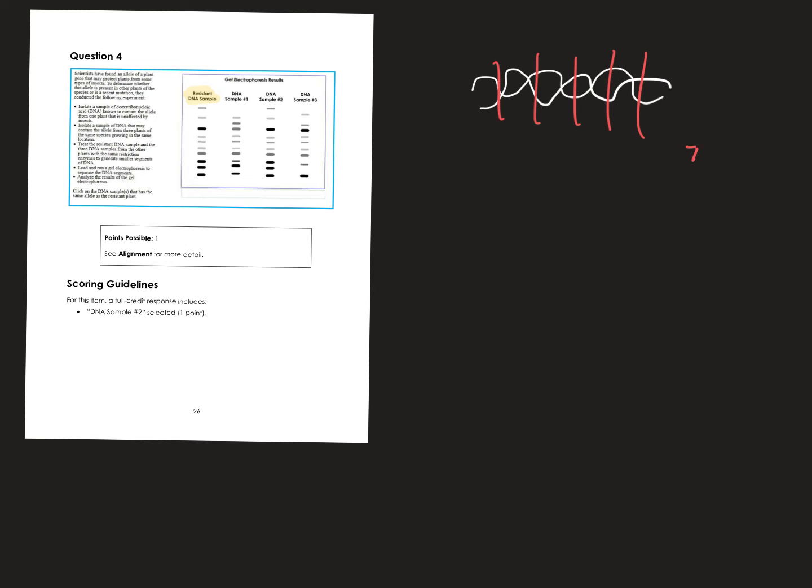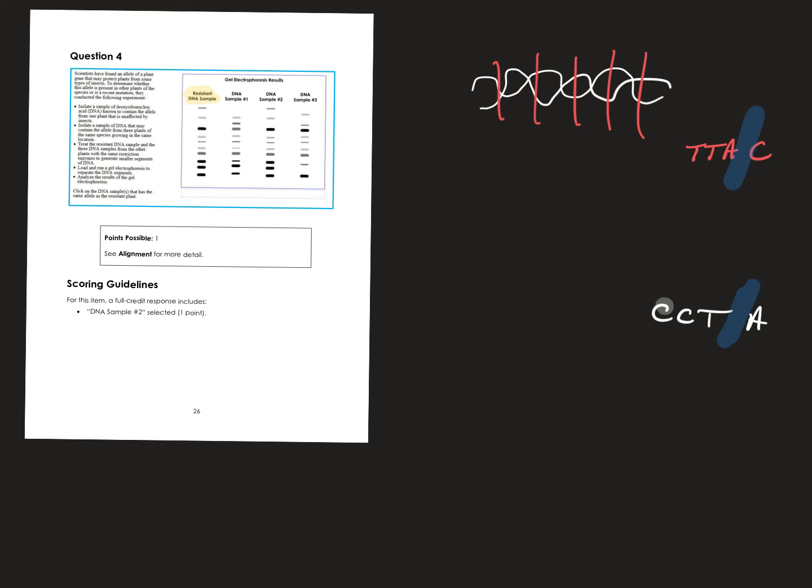So wherever you see T, T, A, C, this one restriction enzyme will cut that here, where another restriction enzyme might be looking for C, C, T, A, and it would make a cut here, every CCTA. So the sequence, depending on where they cut, it tells you something about how related the two samples are.